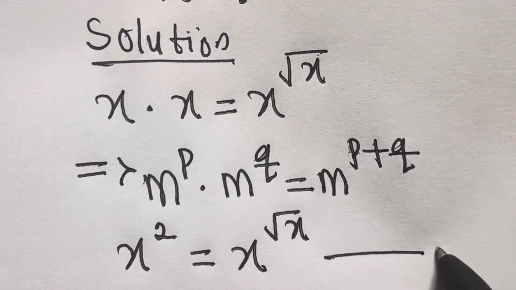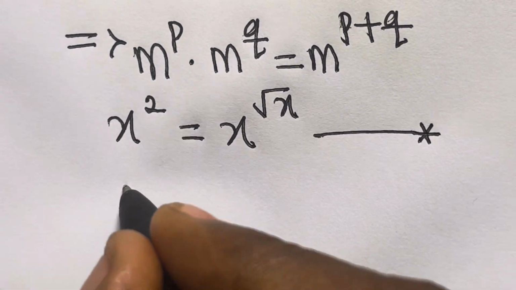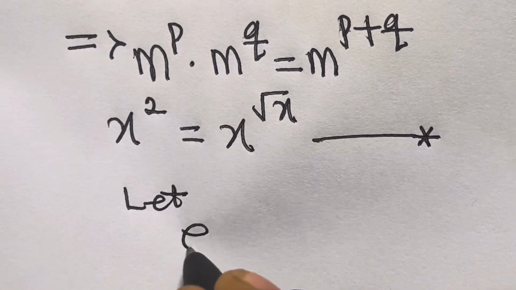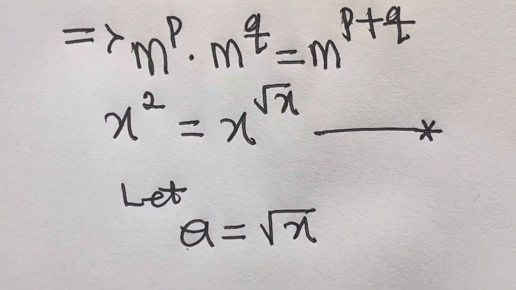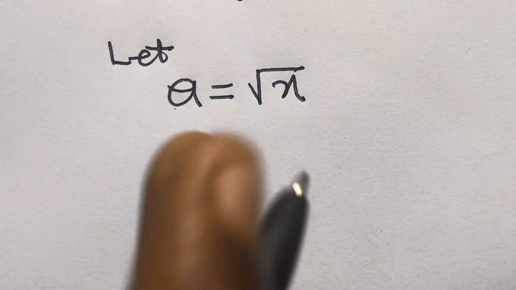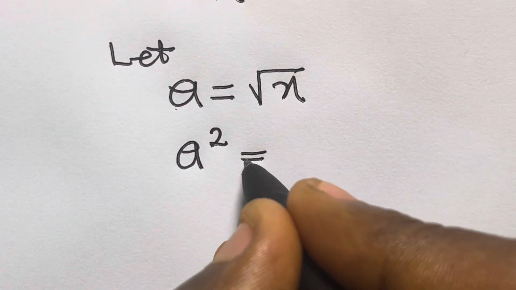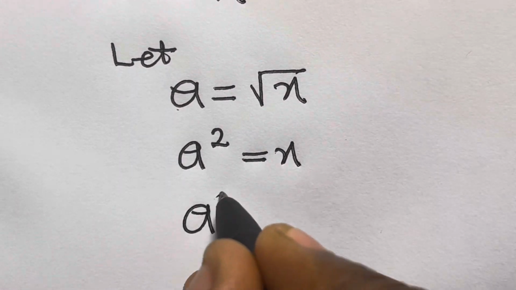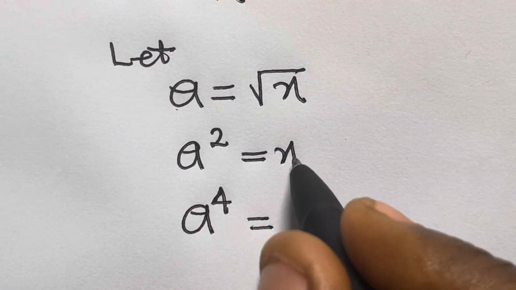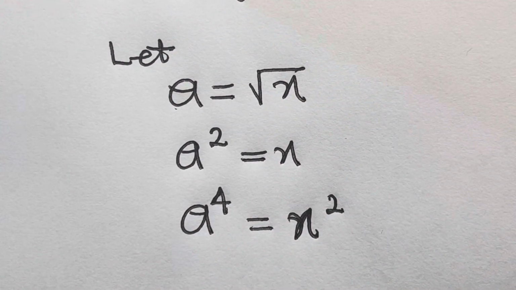Now let's say our a is equal to square root of x. If a equals square root of x, that means a squared will be equal to x, and a raised to power 4 will become x squared.